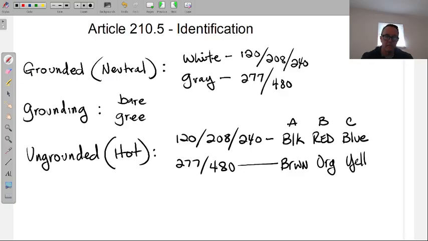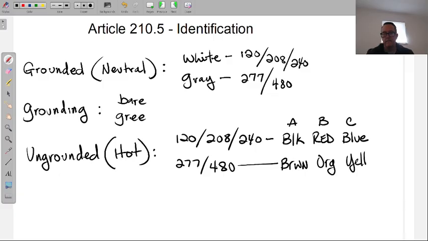Some exceptions to a few different voltage systems are out there. There's a transformer called a high leg delta transformer that produces an odd voltage on the B phase. They sometimes represent that one in purple, but we're getting into odd situations. 99.9% of the time, these are the colors that you'll see out there.